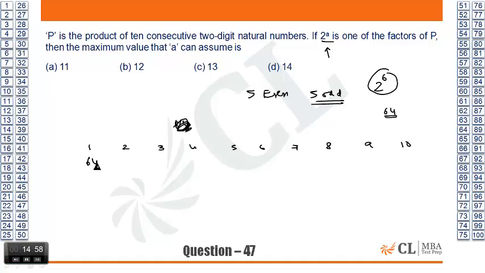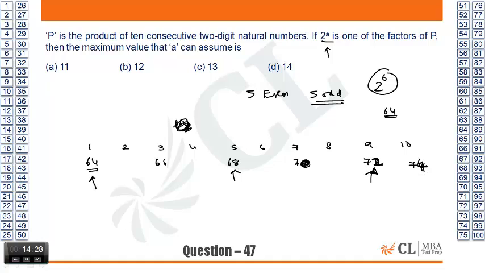Shall I put 64 here? 64, 65, 66, 67, 68, 72, 74, 76. 64 is a multiple of 4, which means I will get 1 multiple of 4. Then 70, 72 and 74, I'll get 3 multiples of 4.